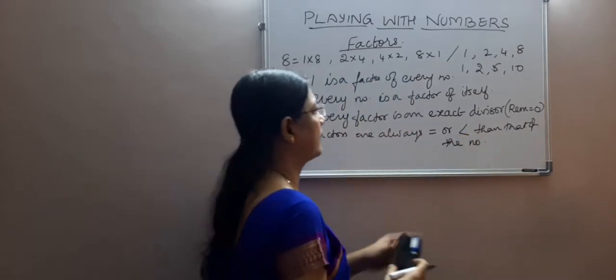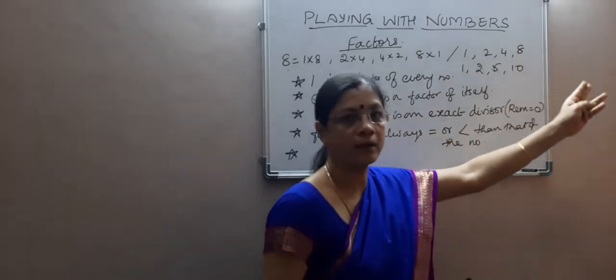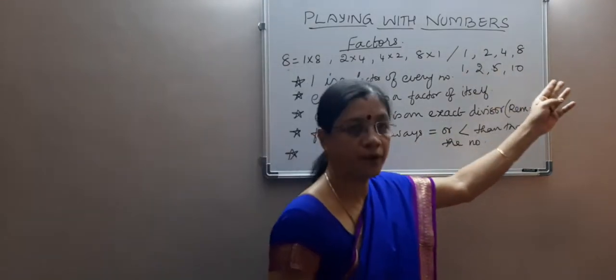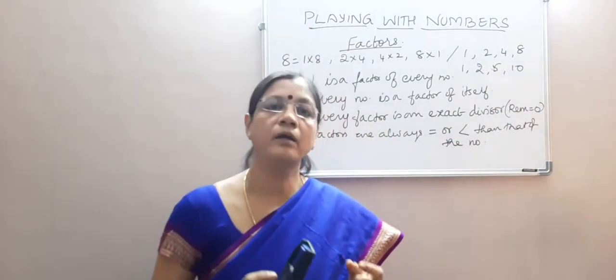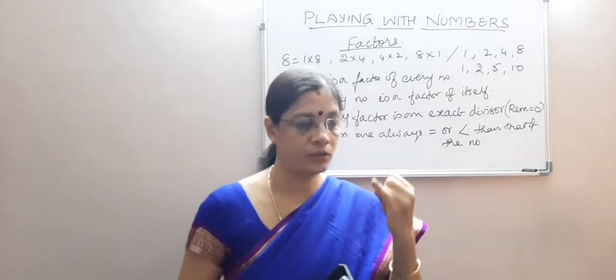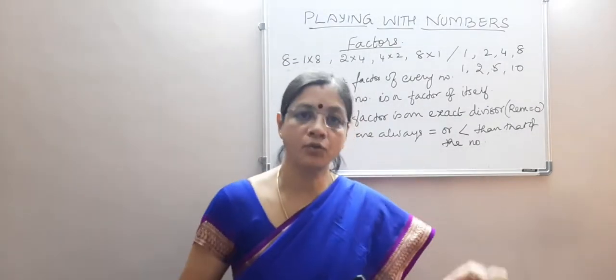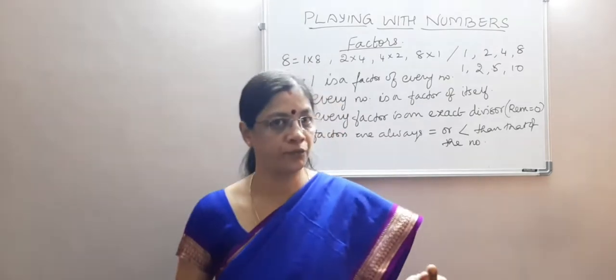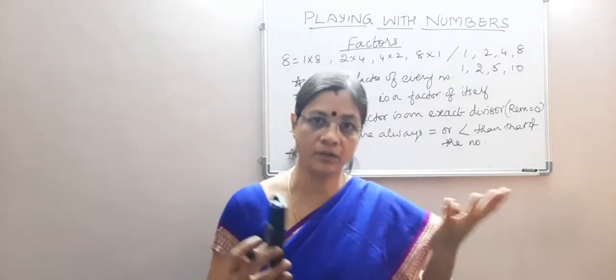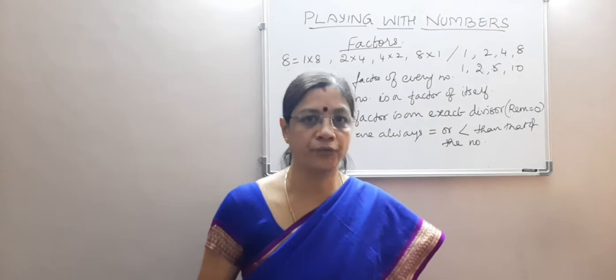Now next is, there are only 4 factors for 8. Likewise, there are 4 factors for 10. If I take the factors of 4, I get 1 4 is 4, then 2 2s are 4, and 4 1s are 4 again. So 1, 2 and 4 are the factors of 4. So there are 3 factors of 4.